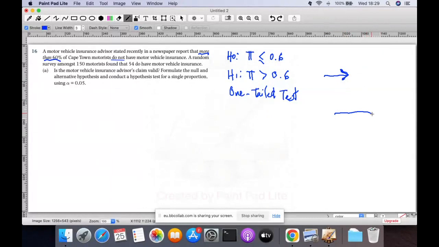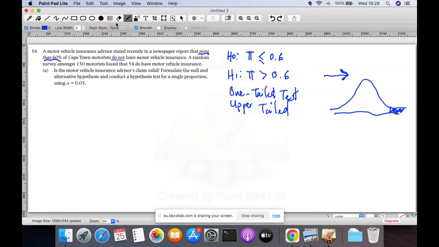Just like before with that Z curve, the arrow points to the right, so that means the rejection region is here on the right. So it's an upper tail test. If it's on the right, it's an upper tail test. If it's on the left, on the bottom, then it's a lower tail test. So it's a one tail test, and specifically it's upper tailed. Please make sure you include this when you state your null and alternative hypothesis, right? You get marked for that.